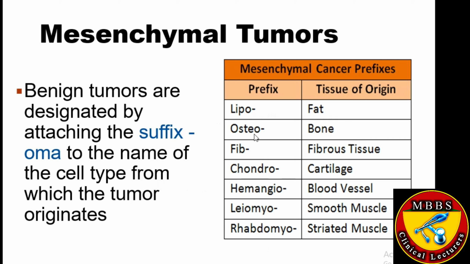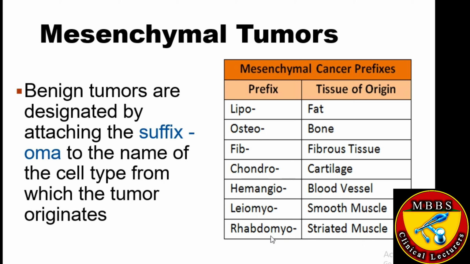Coming from bone tissue, it is osteoma. Fibrous tissue, fibroma. Cartilage, chondroma. Blood vessel, angioma. Smooth muscle, leiomyoma. Striated muscle, rhabdomyoma. Remember that you have to learn this classification by heart.